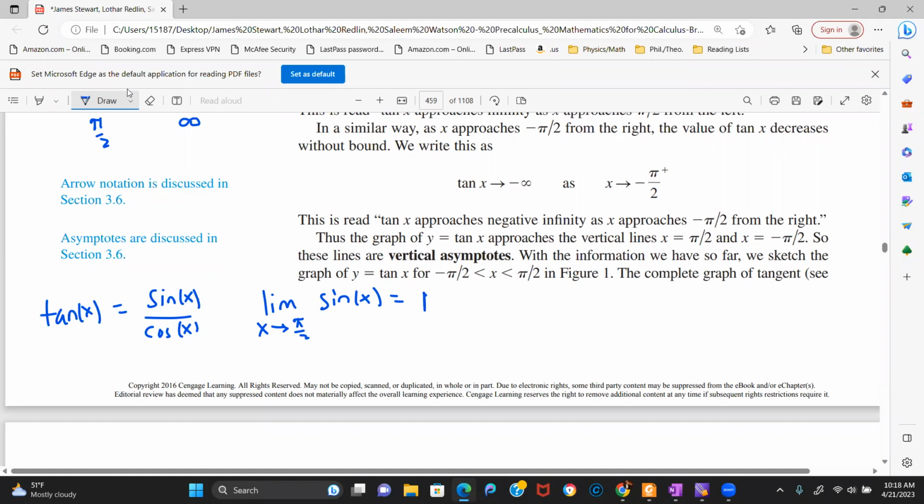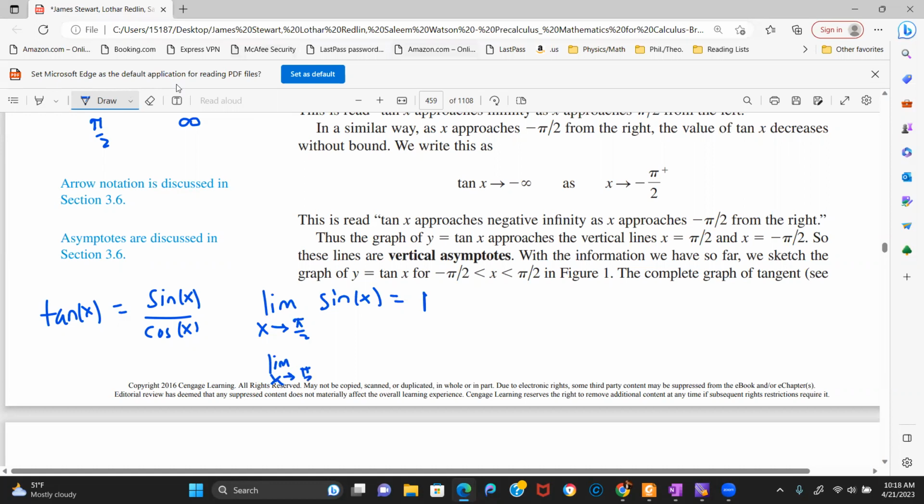Or you can make a table of values, and you'll see that as x gets closer and closer to pi over 2, sine of x gets closer to 1.